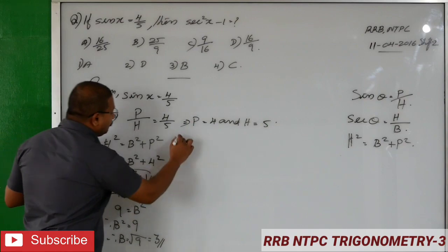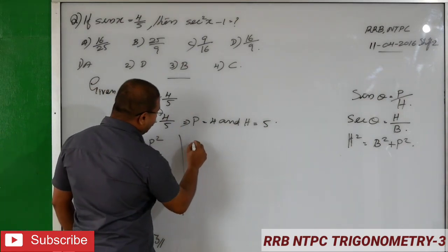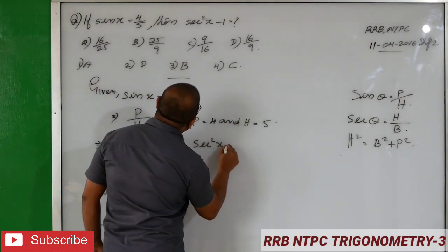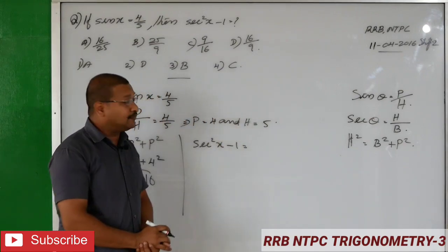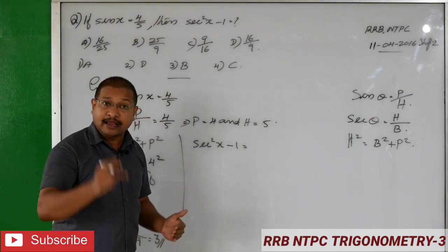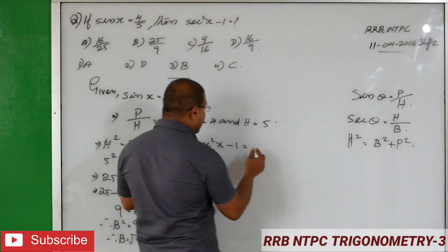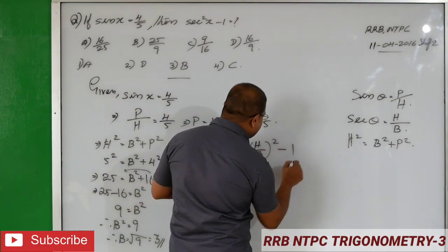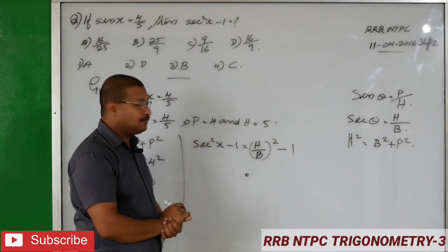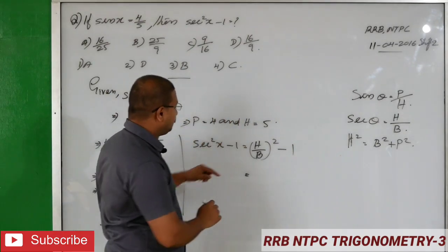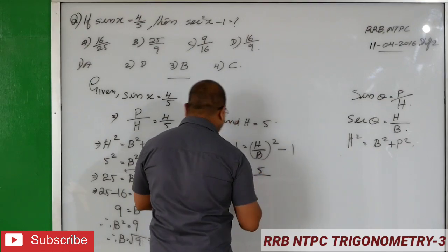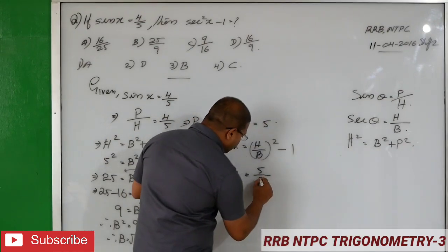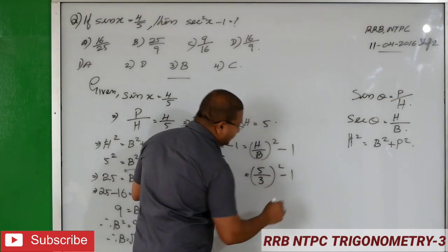Now, we want to find out the value of sec square x minus 1. Sec means hypotenuse by base. Hypotenuse by base the whole square minus 1. Hypotenuse is 5, base is 3, the whole square minus 1.